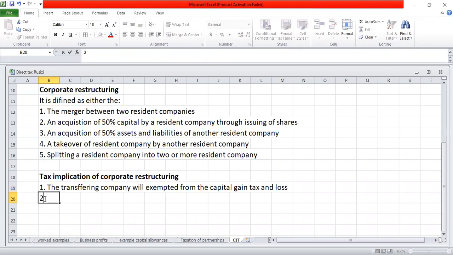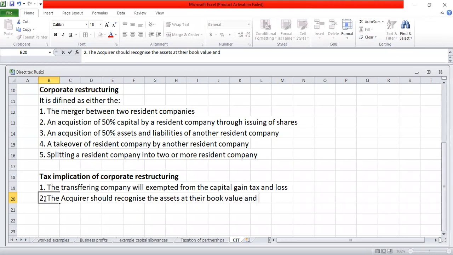Number two, the acquirer should recognize the assets at their book value, to depreciate.